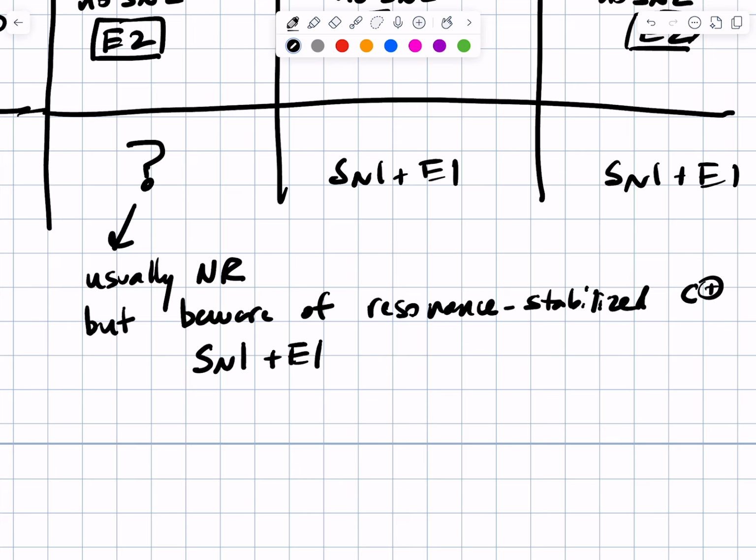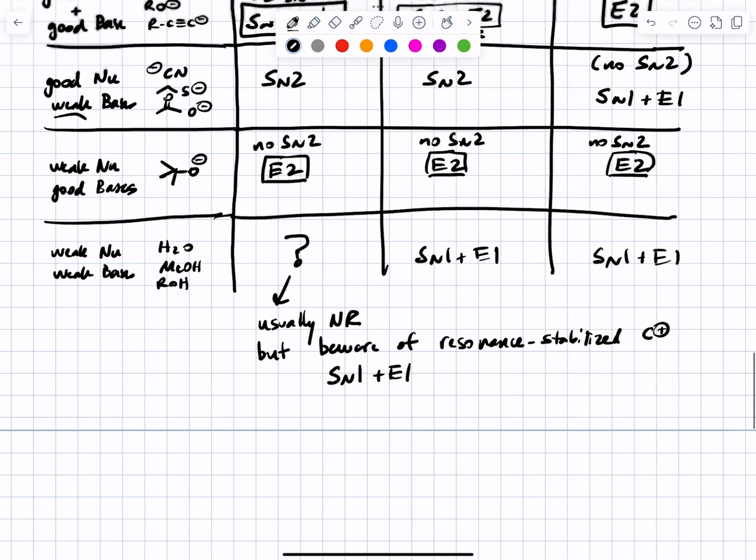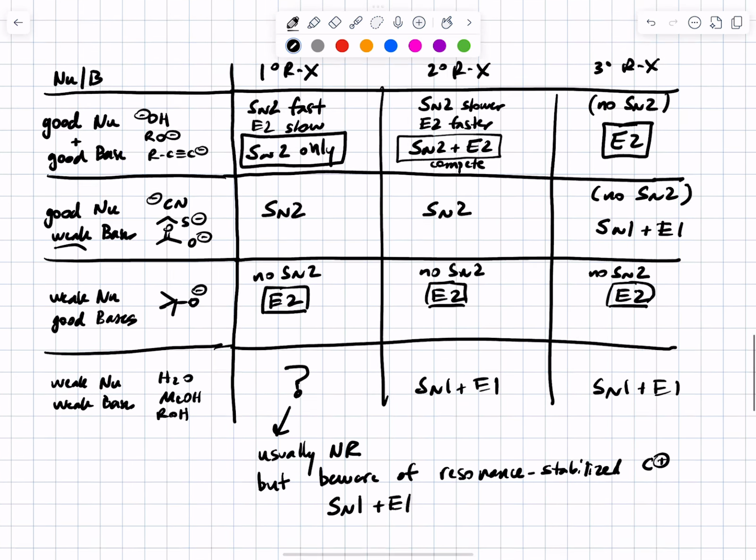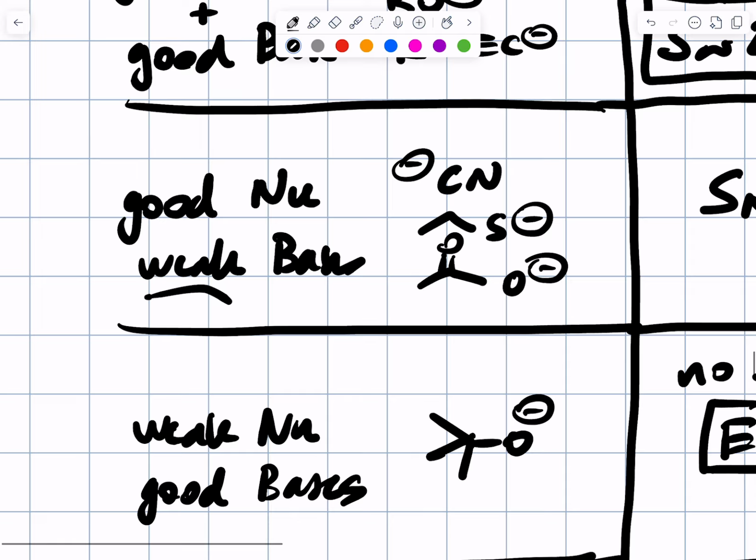We talked about when something can be a poor nucleophile and a good base. Did we mention when they can be a good nucleophile and a poor base? Yes, those are molecules that have conjugate acids with pKa's between 16 and 0.